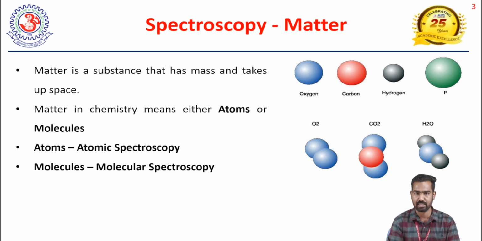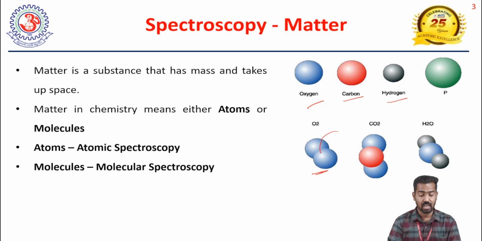That is called matter. But matter in chemistry, what we mean actually is very simple: atoms or molecules. Here you can see an oxygen atom, carbon atom, hydrogen atom. If the atoms combine, you can see an oxygen molecule, carbon dioxide molecule, water molecule. So in chemistry, matter means atoms and molecules.